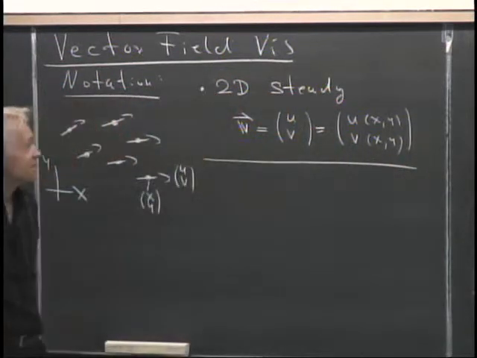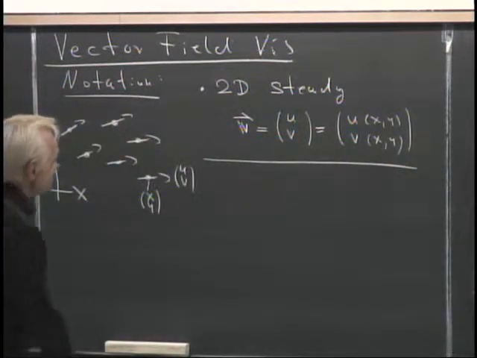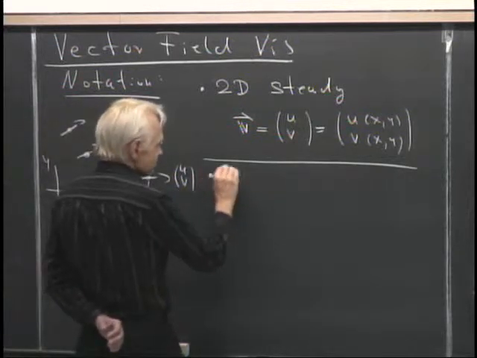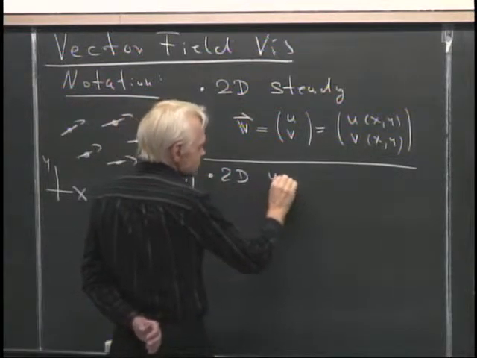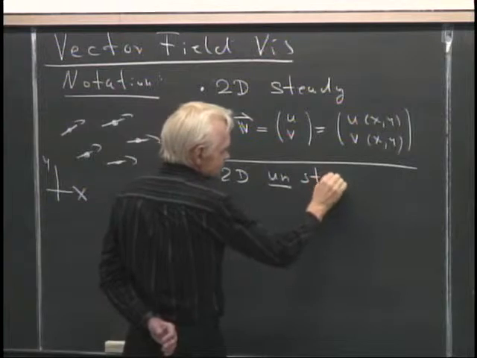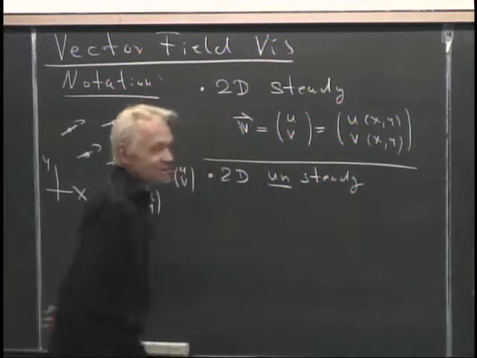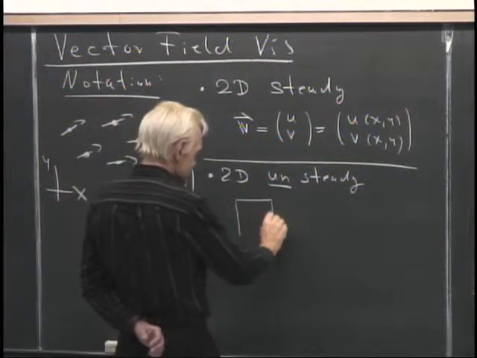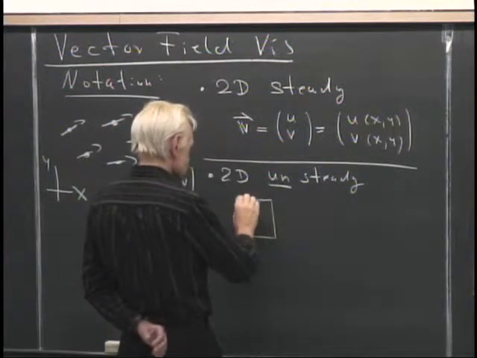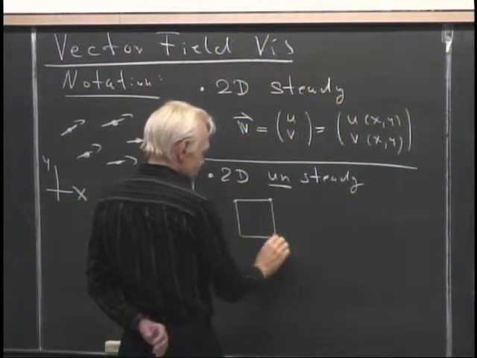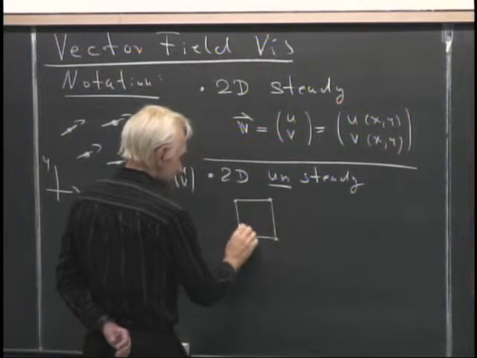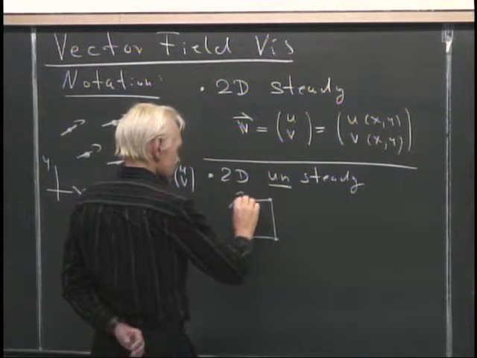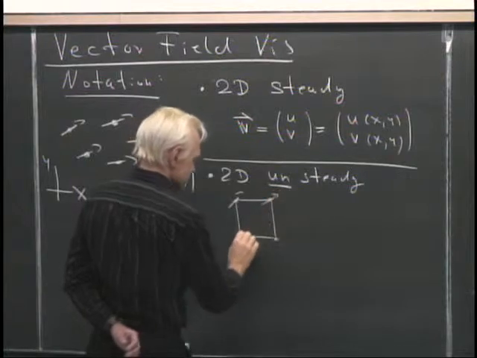Now, if you have something that is called 2D steady, then there's also something that is 2D unsteady, or time dependent. That means that the vector field would simply change over time. Say, I have a little cell, why not?